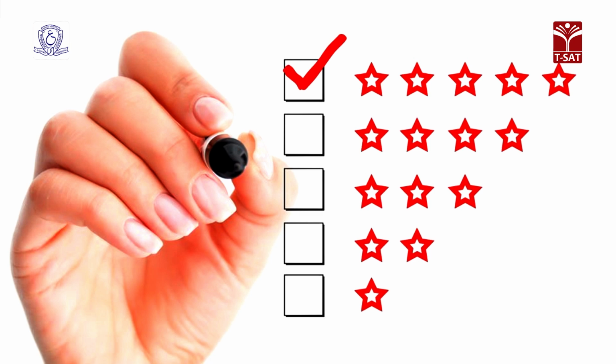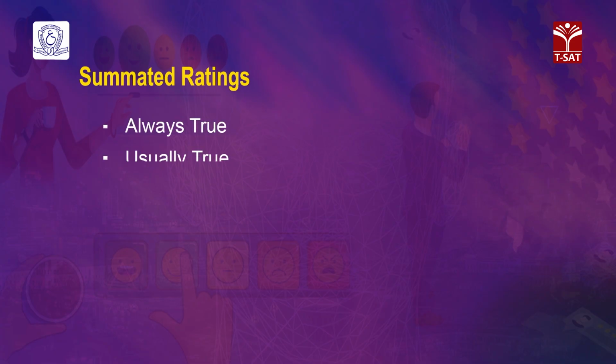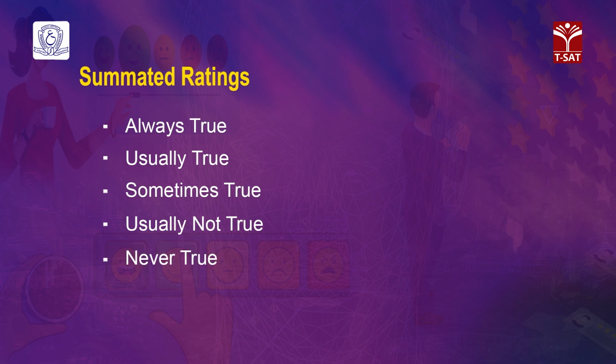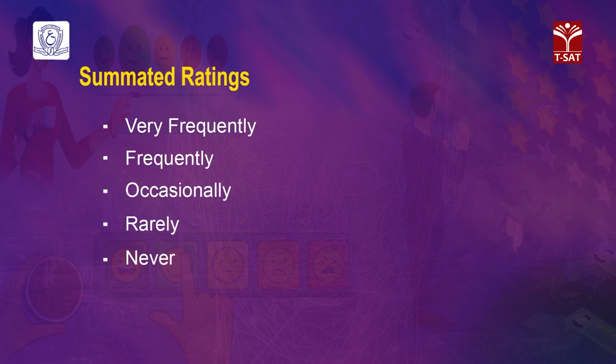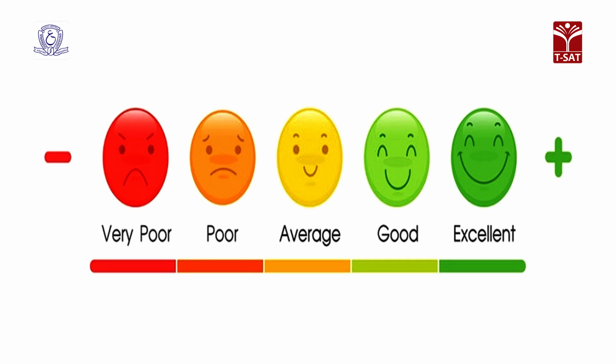We give the answers such as always true, usually true, sometimes true, usually not true, never true. Or how frequently they engage in a behavior or experience a particular thought. For this, the response categories will be very frequently, frequently, occasionally, rarely or never. In all these, you see that two polar ends are there.